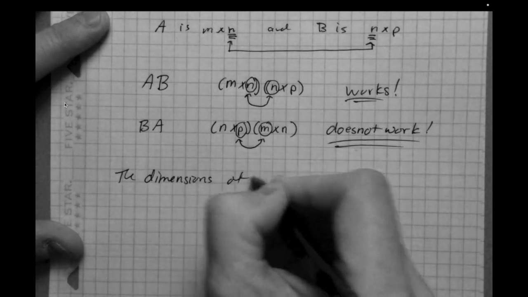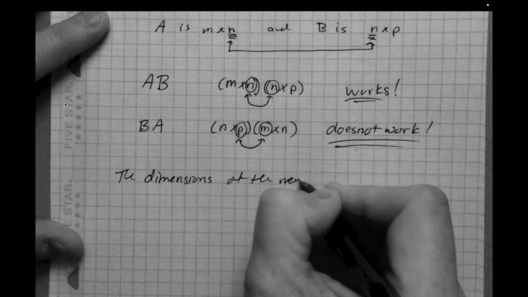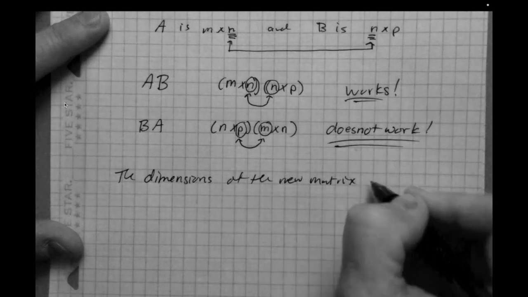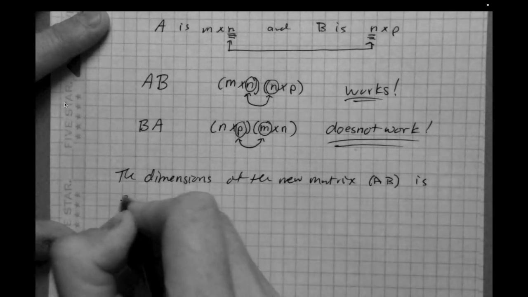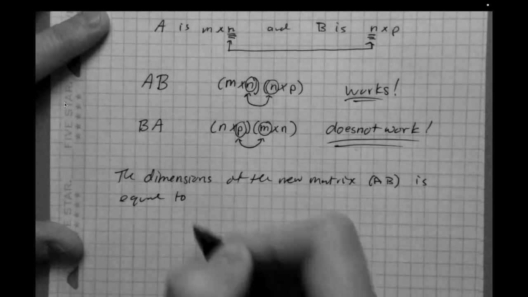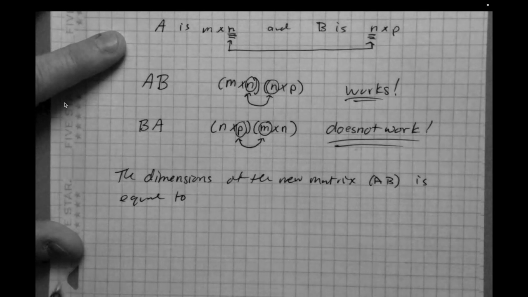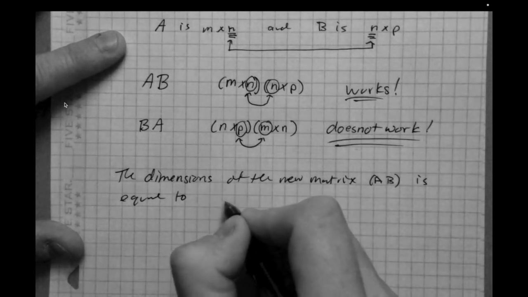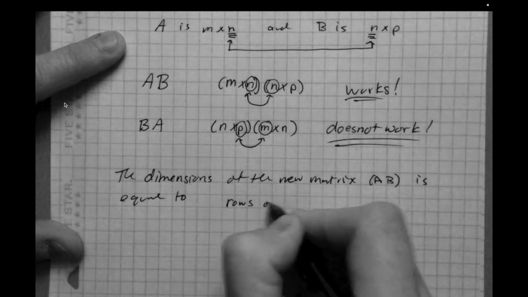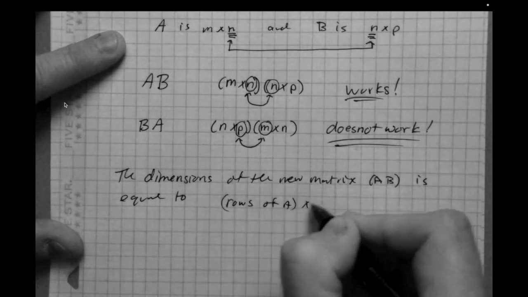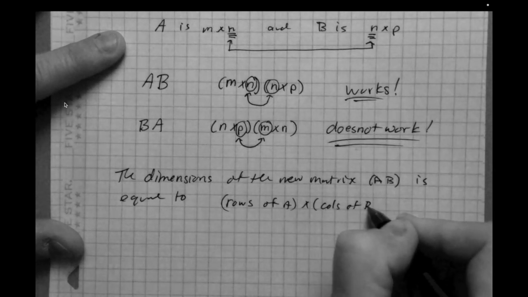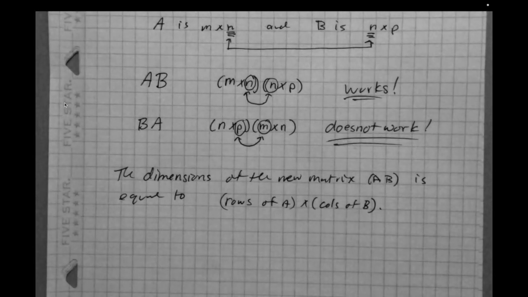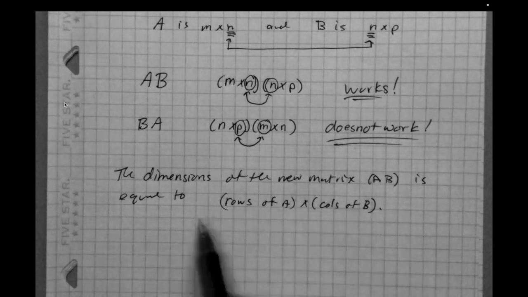The dimensions of the new matrix AB are equal to the number of rows of A by the number of columns of B. So the new matrix AB is going to have this dimension.